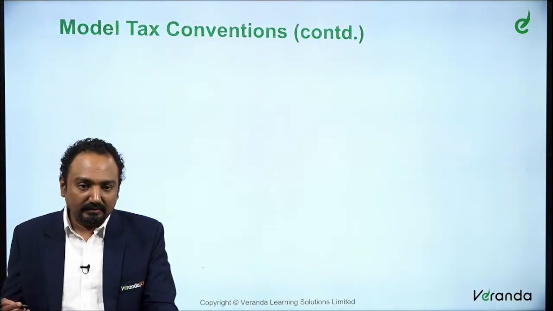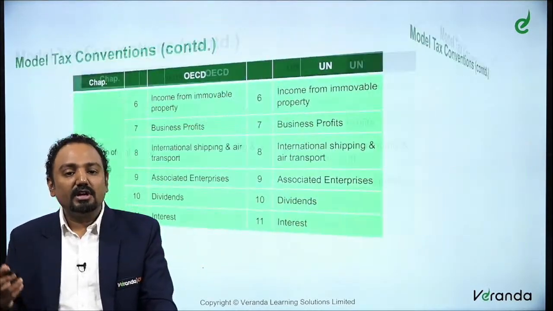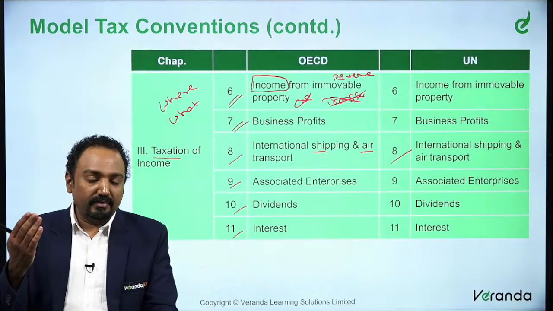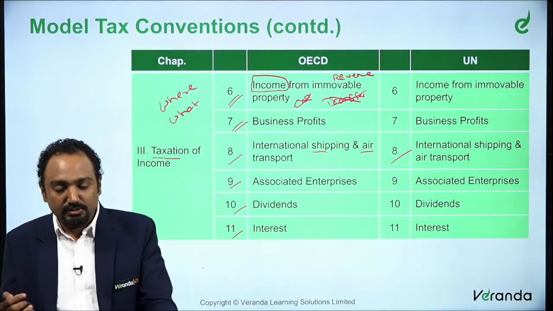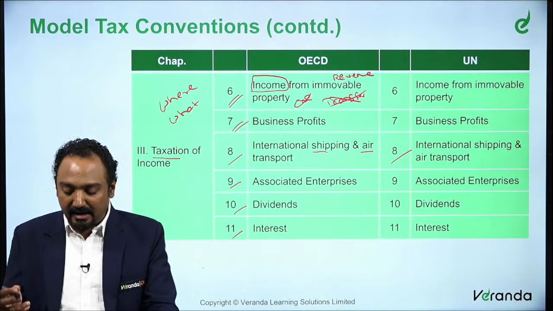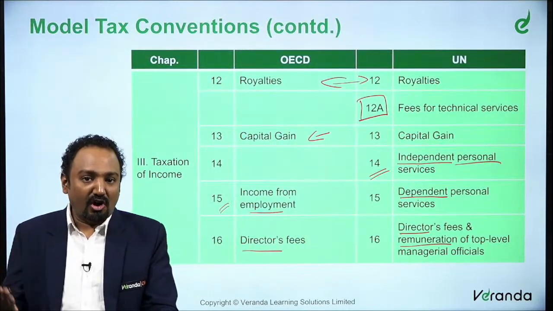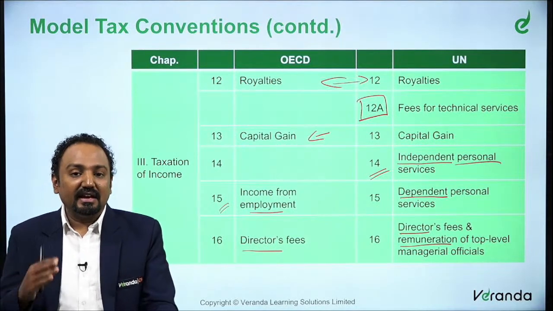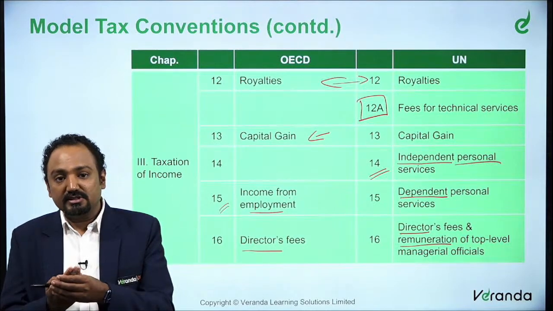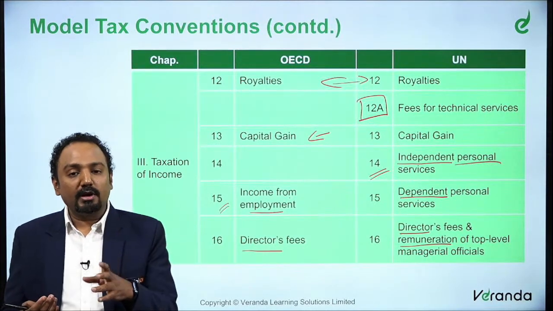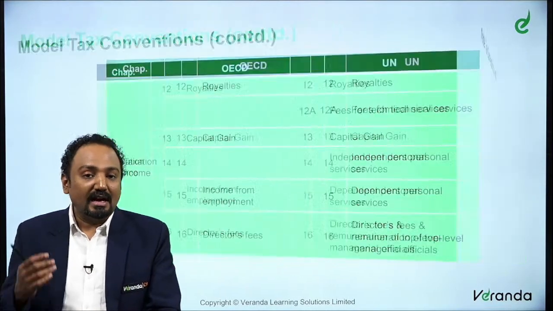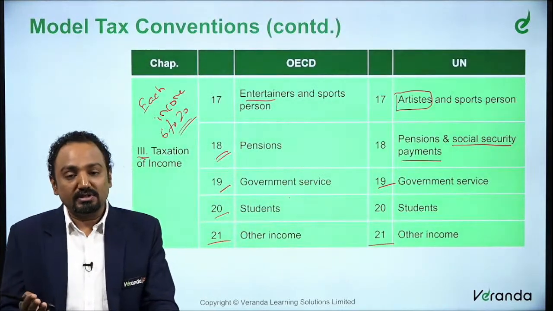So this is the total set of income list from Article 6. We saw income from immovable property, business profits, international shipping and air transport, associated enterprises, dividend, interest, royalty, technical services, independent personal services, capital gain, dependent personal services, that is nothing but income from employment, directors' fees, and then entertainers and sportspersons.